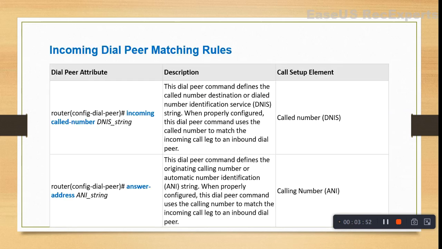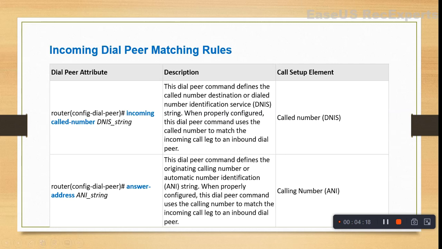So the important one is the incoming dial pair matching rules. Outgoing dial pair matching rules are very easy, and it just depends on only one command. Incoming dial pair rules have five attributes actually, and if you see the slide, it's completely based on the priority.